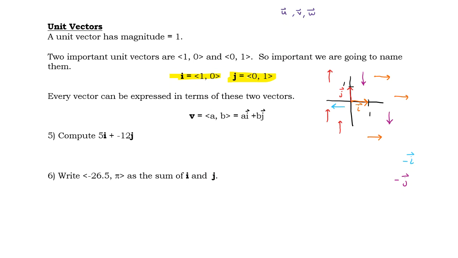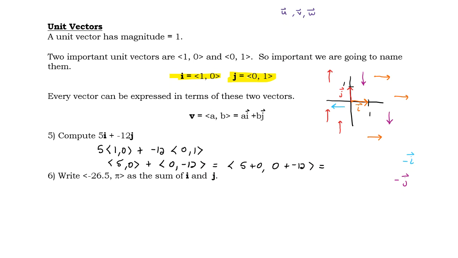All right, so for example, let's say I want to compute 5 times the vector i, which is 1, 0, plus negative 12 times the vector j, which is 0, 1. All right, so using the same techniques we did before, we can multiply the 5 into the parentheses, multiply the negative 12 into the parentheses, and then simply add the x components and add the y components.